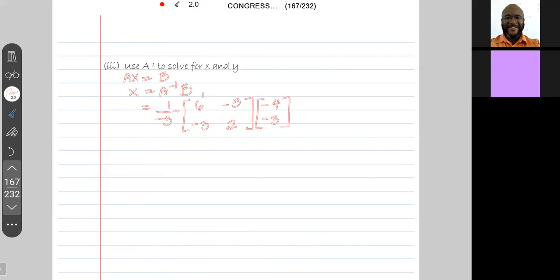So we're going to multiply rows by columns. Six times -4 is -24. 5 times -3 is +15. So we're at now the bottom row.